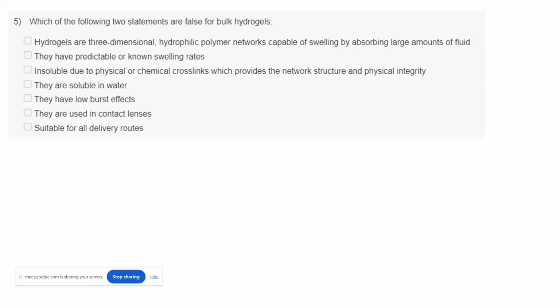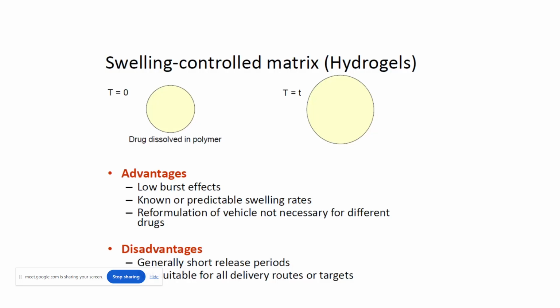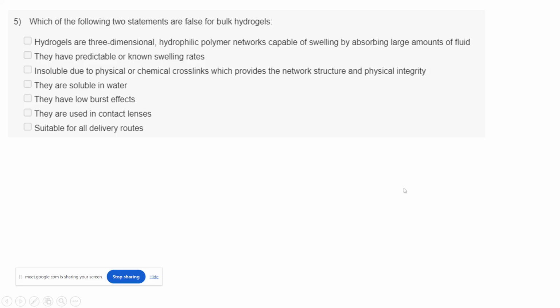So let's look at the answer. Most of you are correct. It will be 4 and 7. They are soluble in water and suitable for all delivery routes. If you look at the options here, you have to select false statements. The first option was hydrogels are three-dimensional hydrophilic polymer networks capable of swelling. So this is the correct statement for hydrogels. Then we have predictable and known swelling rates, correct.